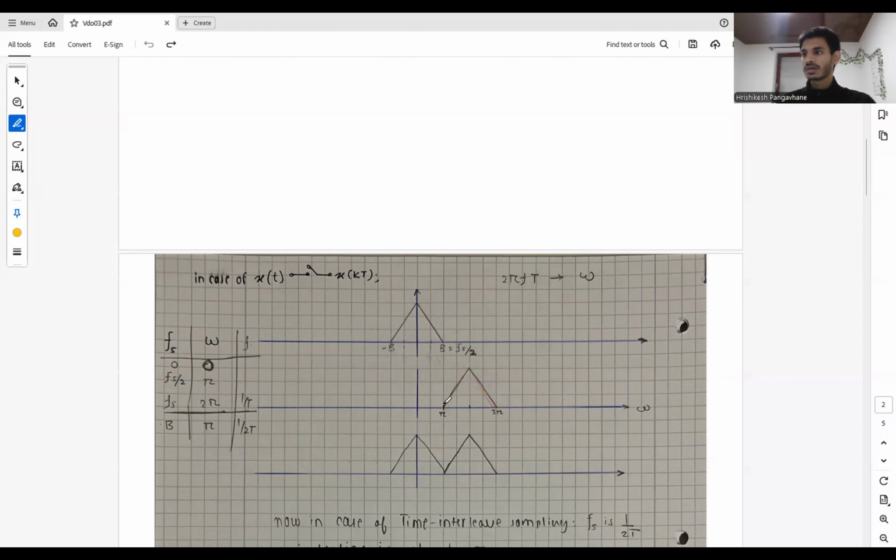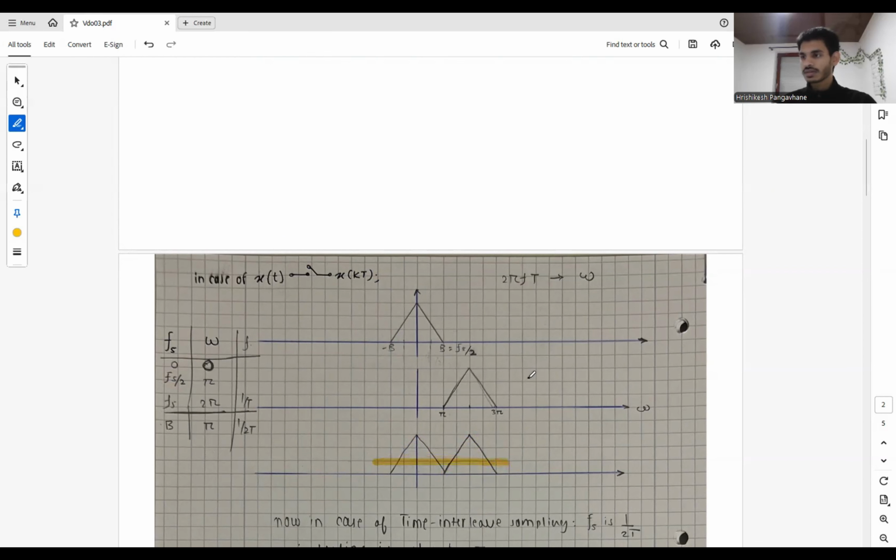Then we considered that our sampling frequency is nothing but 1 by T. So when we scale it and do the convolution of both, this is what the spectrum will look like for our output.